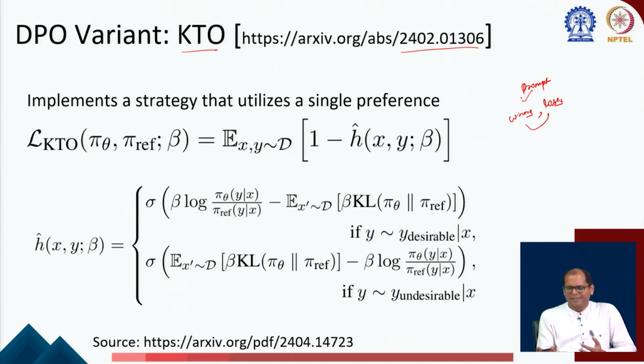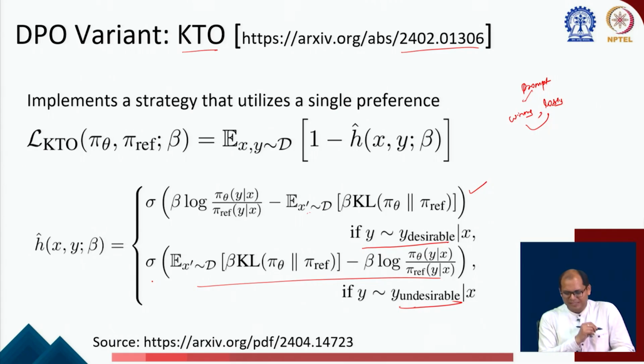They made a modification where, if it is desirable, you have this function, and if it is not desirable, you use just the reverse of this, the negation of this inside the sigmoid. So they will have opposite behaviors, and then you have a final objective, right. So KTO is a variation of DPO that works even when you have a single label at a single utterance level, that it is preferred or not preferred.